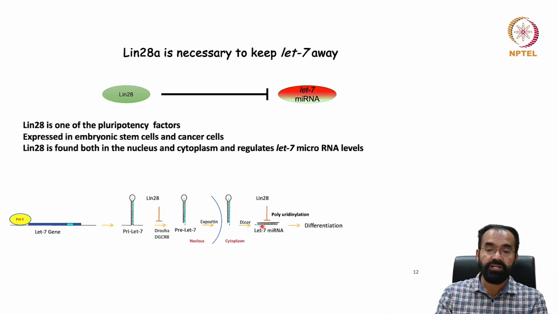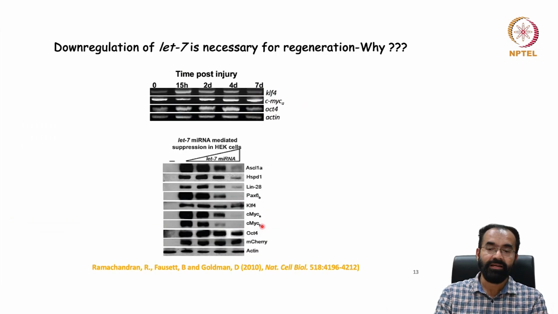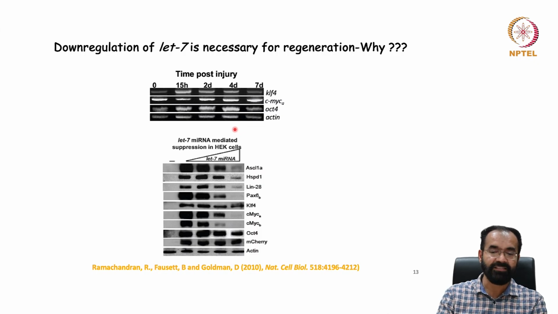The downregulation of LET7 is necessary for regeneration. Why? Because many pluripotency factors are induced during retina regeneration. But LET7 microRNAs have binding sites in those RNAs: ACL1A, HSPD, LIN28 itself, PAX6, KLF4, c-MYC-A, c-MYC-B, OCT4.